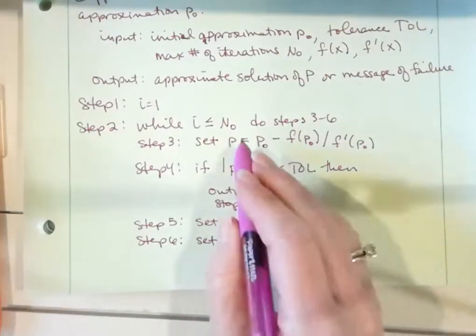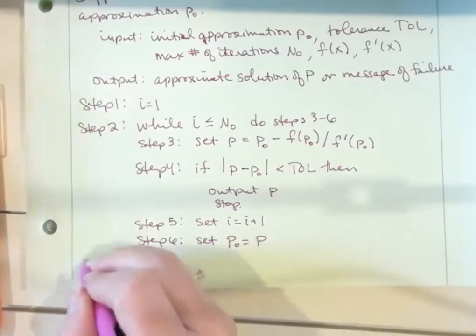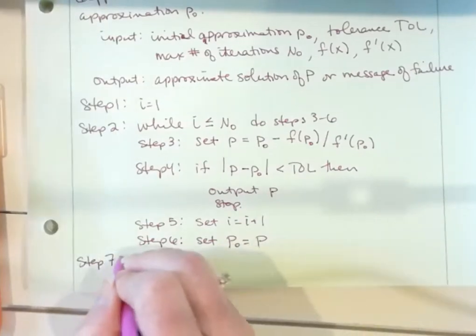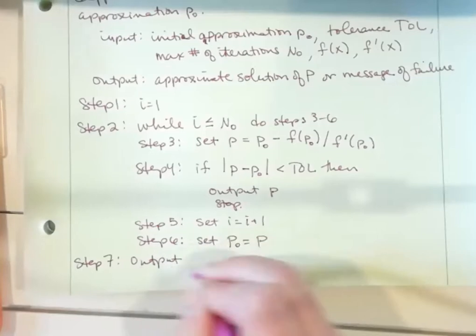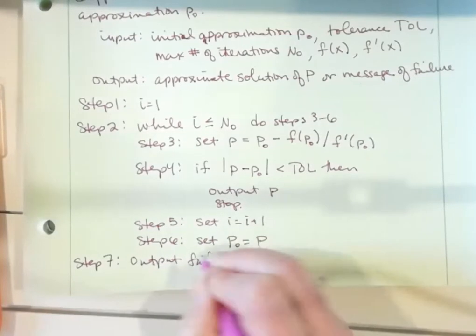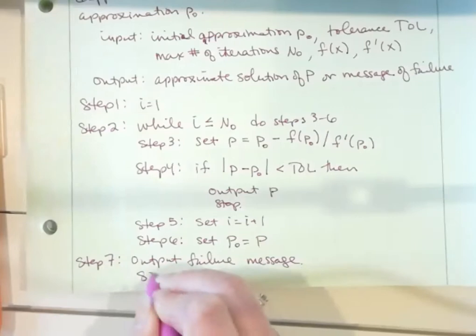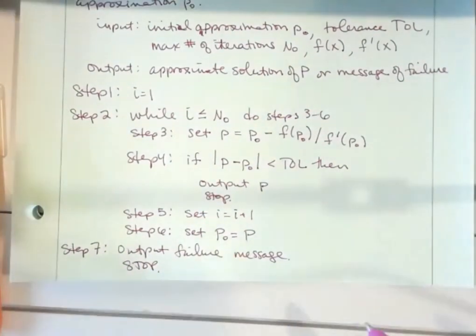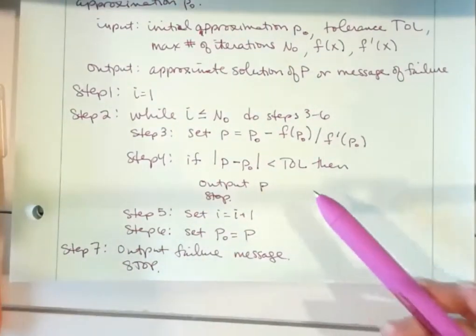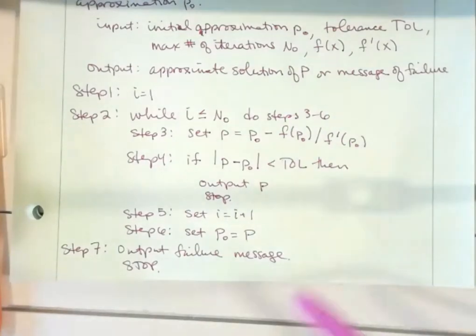And then finally, step 7 will be to output that failure message if you need to do that, and then you would stop, obviously. So that's the actual algorithm for this. It's pretty straightforward and simple to do.